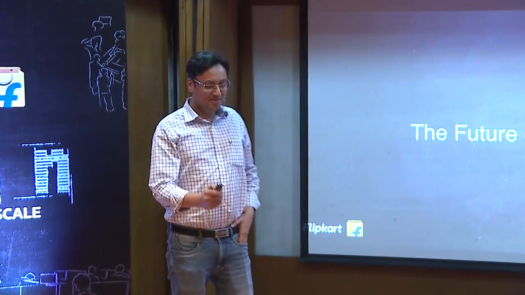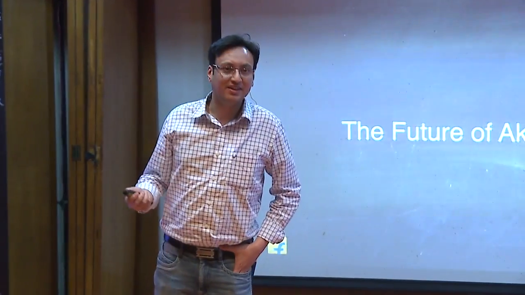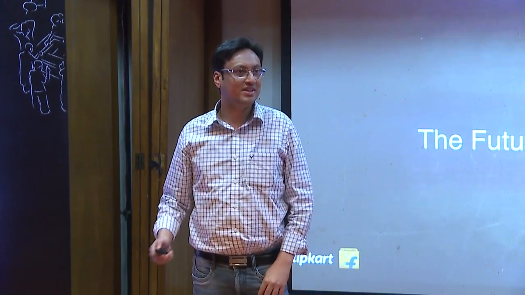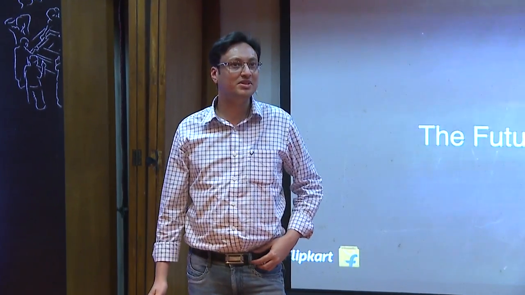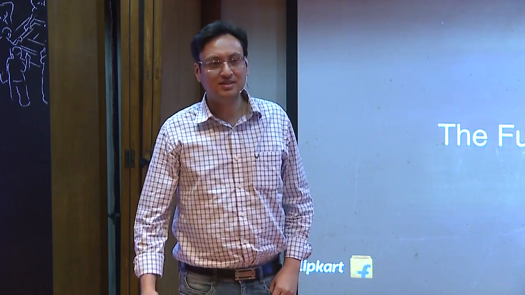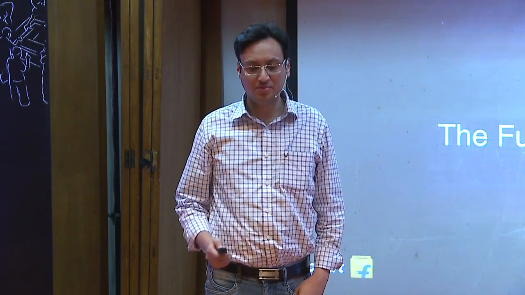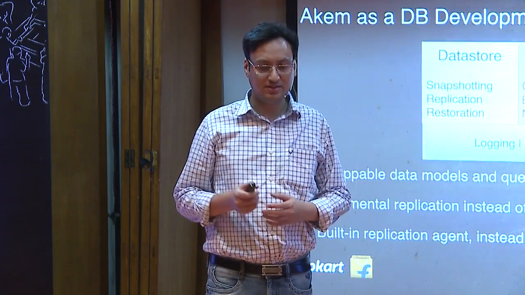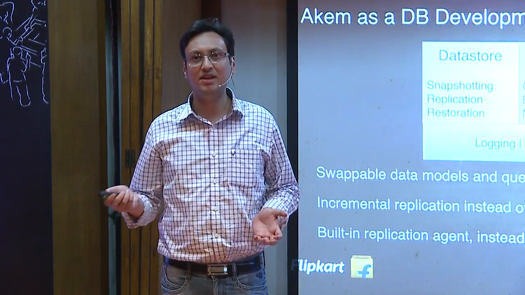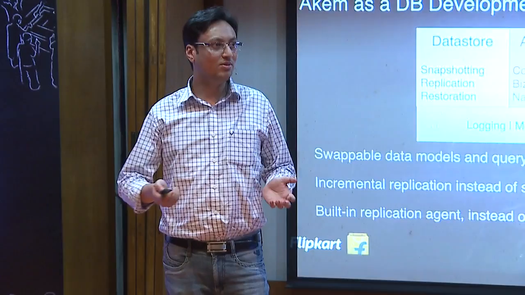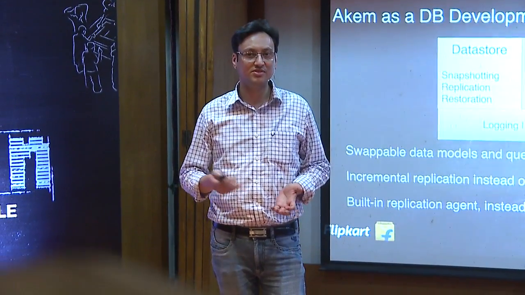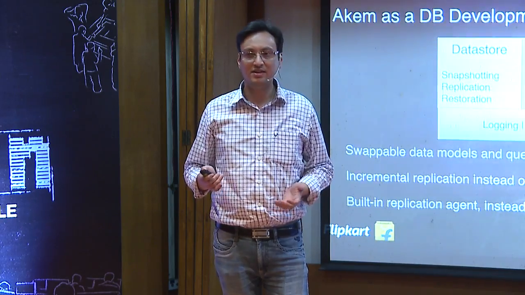Okay. So the future: once we set out to build this database, we did not have any grand plans for it. We just wanted to solve a business use case as fast as we could. But seeing as it has performed well in production, what we want to do is take ACM and turn it into a DB development toolkit. There are only a few hard problems in databases, and most of it is around durability and networking.